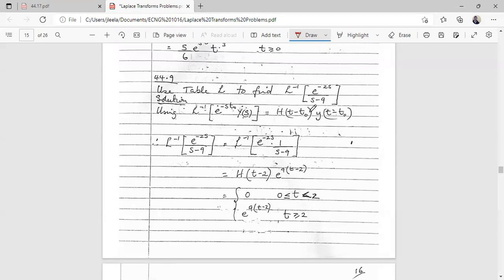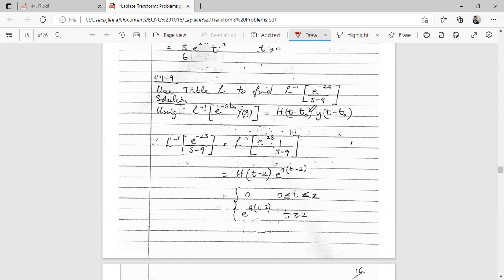So here again, we are applying the Laplace inverse of e to the minus s t naught times Y of s, where we're using the Heaviside function, h of t minus t naught, and Y of t minus t naught. So Y is your function and h is your Heaviside function. So what I'm doing here, I'm breaking up the Laplace inverse in terms of your e to the power, which is your minus 2s, so your t naught will be 2, and you're multiplying that by 1 over s minus 9.